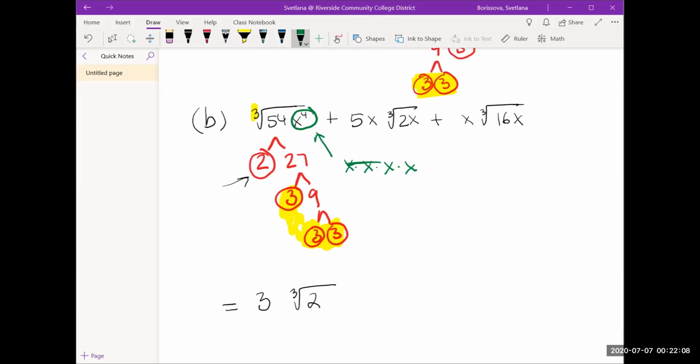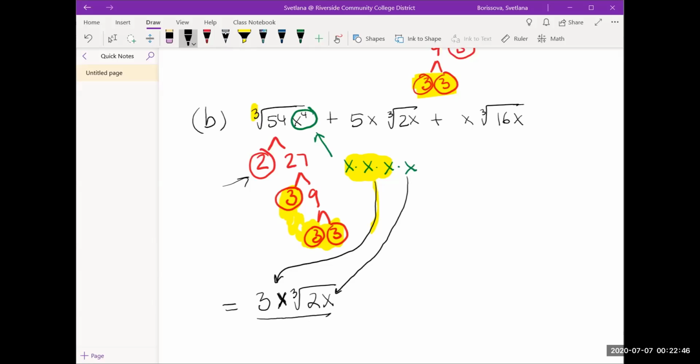So here's a triplet. So 1 x from that triplet will appear outside. So that's where I put x from the triplet. And then x's that were not part of the triplet, there's only 1, will stay inside the radical. So the first radical, cube root of 54x to the 4th, is simplified in this manner.